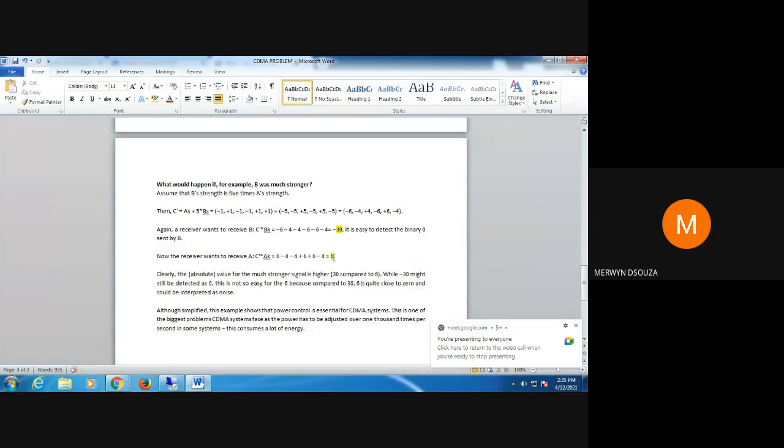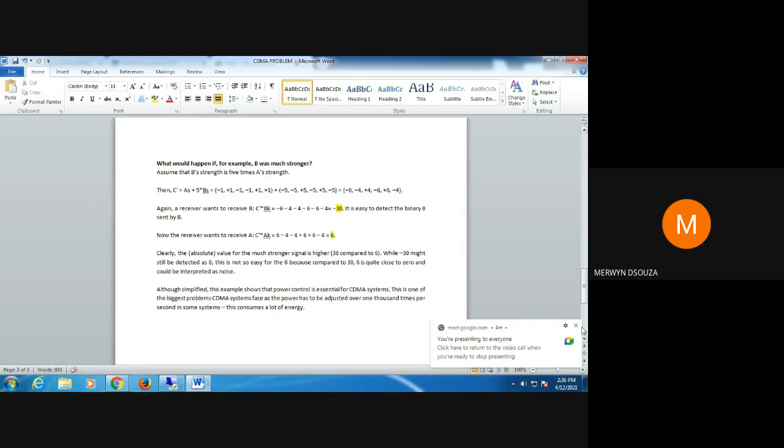What I'm trying to tell you is, in CDMA, the larger the values you get, the better. When you get answers very close to 0, like 6, it could be interpreted as noise. It may not always be interpreted as +1.